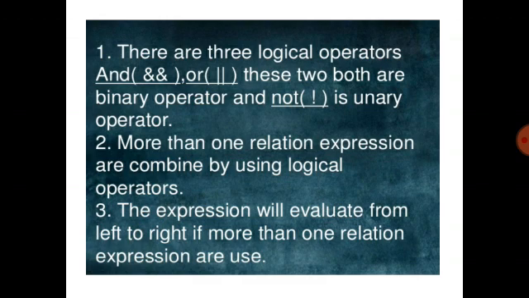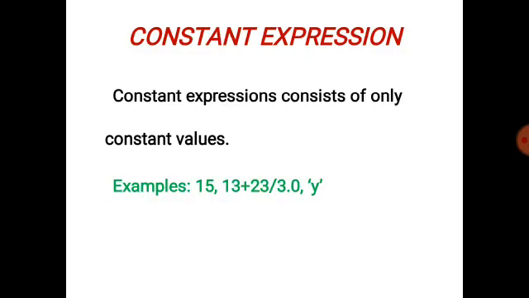More than one relational expression can be combined by using logical operators. The expression will evaluate from left to right if more than one relational expression is used. Like relational expressions, here also it is left to right operation. Already we have seen AND, OR, and NOT in the logical operators topic. The same thing is used in logical expressions also.